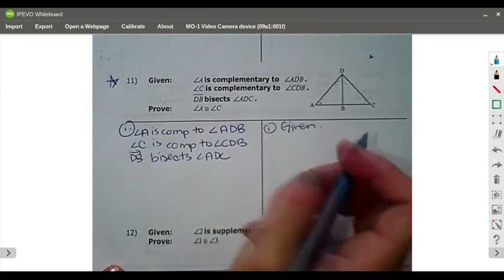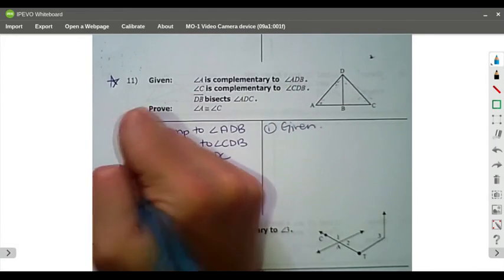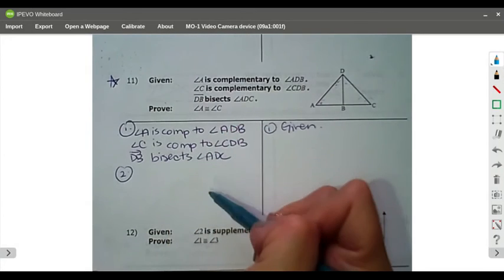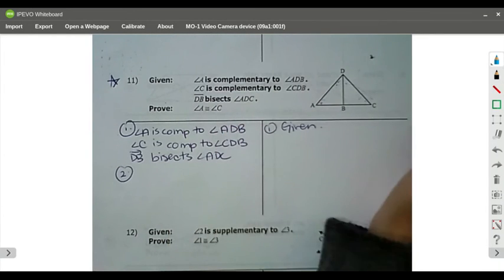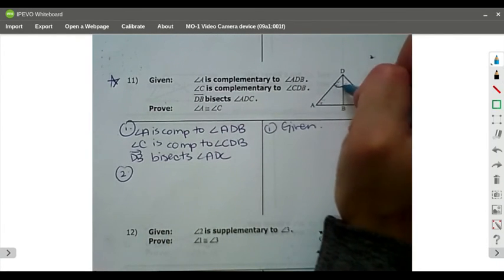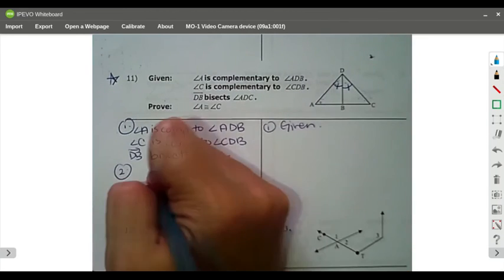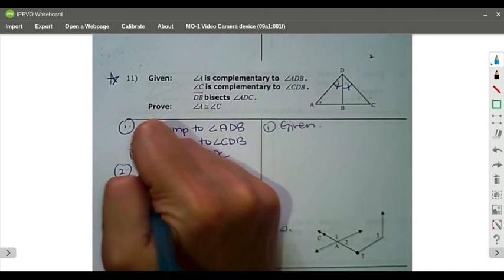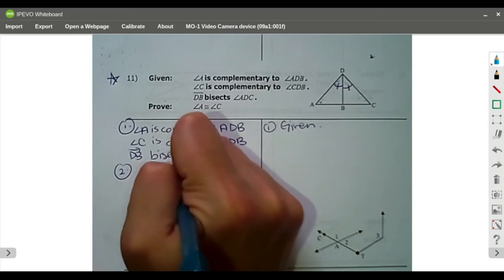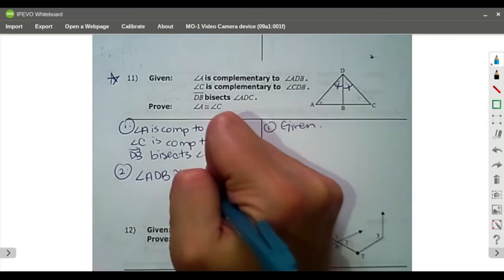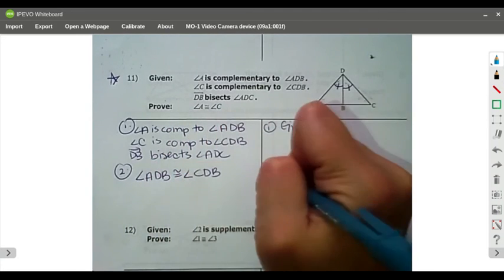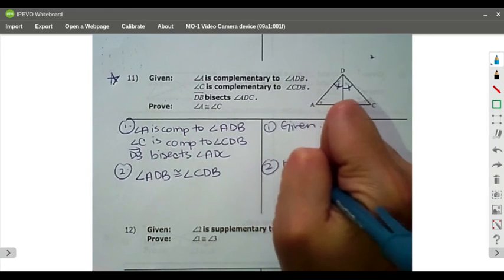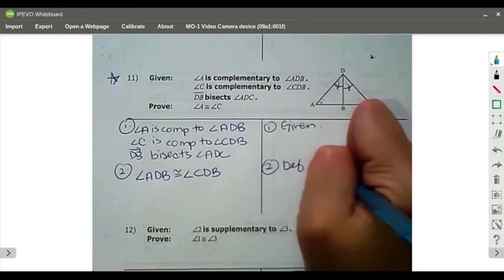Okay, so all that's given. I'm first going to deal with the bisecting. DB bisects angle ADC. If you remember, bisect means to cut in half. So that would make these 2 congruent. So we're going to say that angle ADB is congruent to angle CDB. And that's definition of angle bisector.